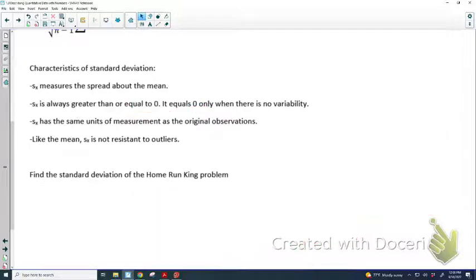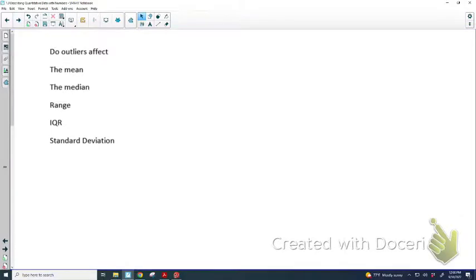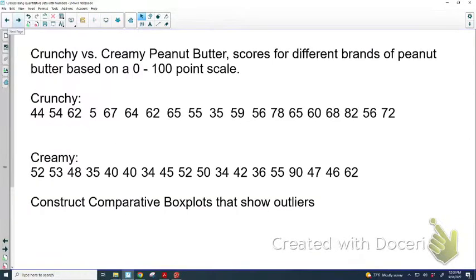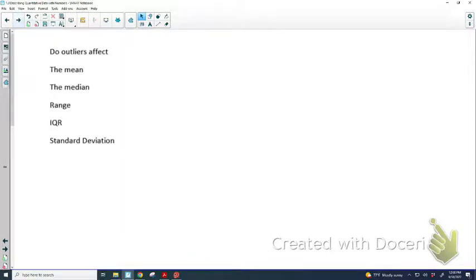Last little thing in this handout, you have a few concepts about what outliers do. I keep going by this page right here. That's another problem. We'll do that down the road. So we want to be aware of how outliers affect things, and I would say yes, they do affect the mean. No, not the median. This is just a middle value.